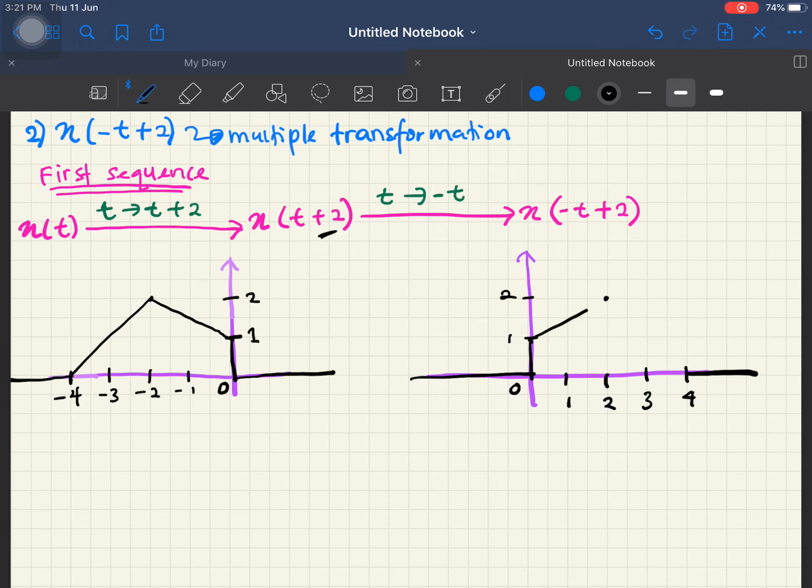So the 0 will remain, so you will get this. So this is how the signal looks, using this sequence, where you do time shift of 2 seconds to the left, and then you do inversion.